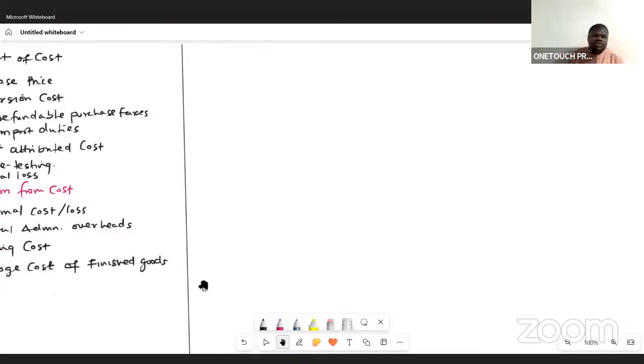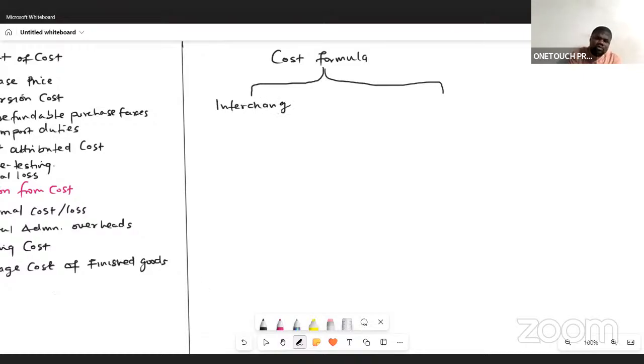Let's finish. Okay, so now let's look at the cost formula in the measurement technique. The cost formula depends on whether the inventory is interchangeable or not interchangeable.